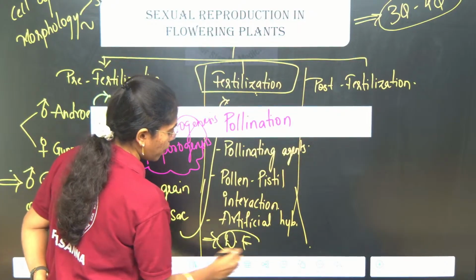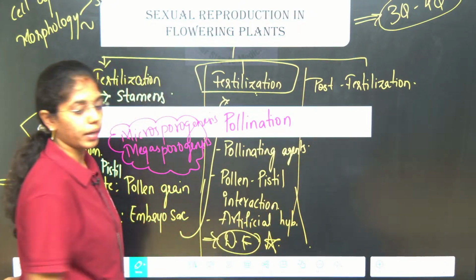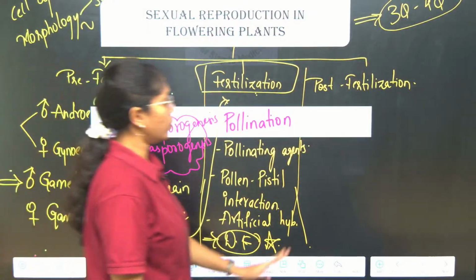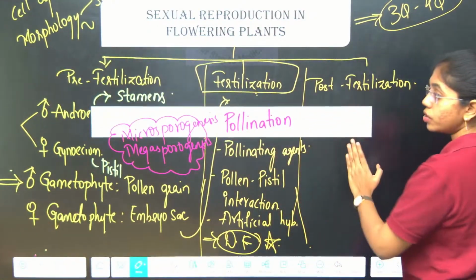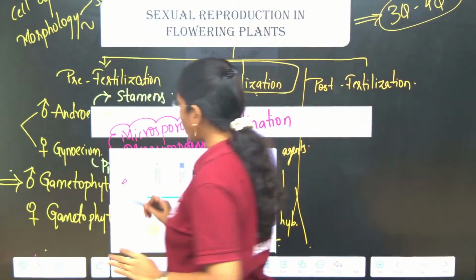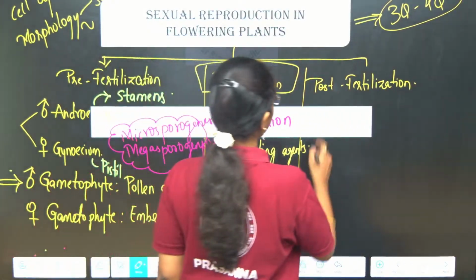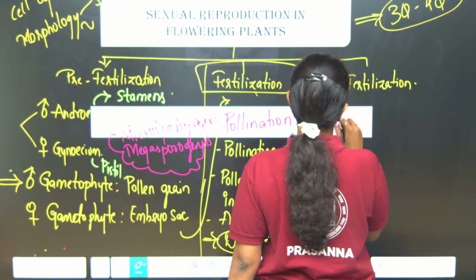This is the major important segment here. Okay, after which in post-fertilization events you will come across embryo development, endosperm development, seed formation and fruit formation.